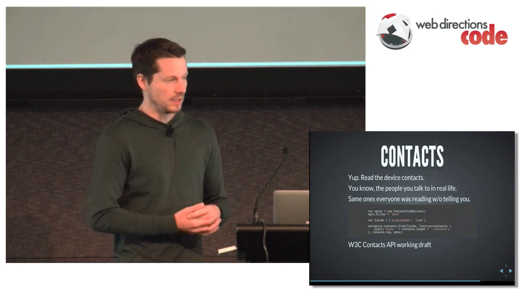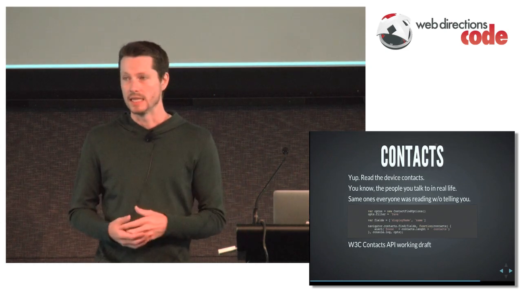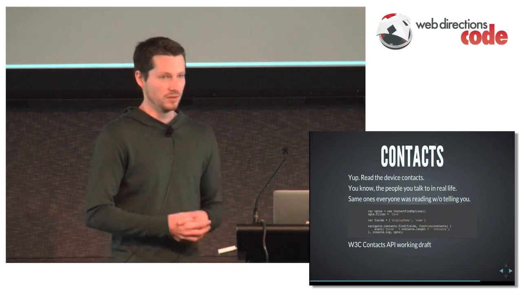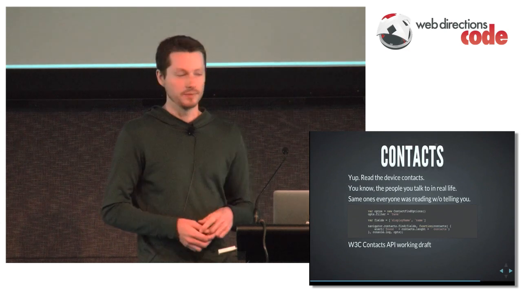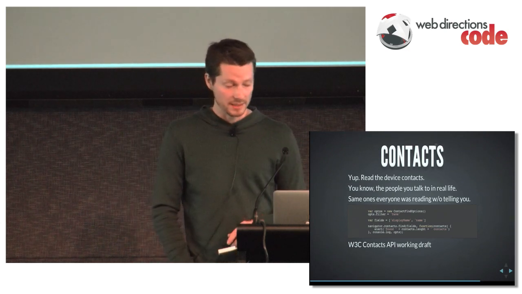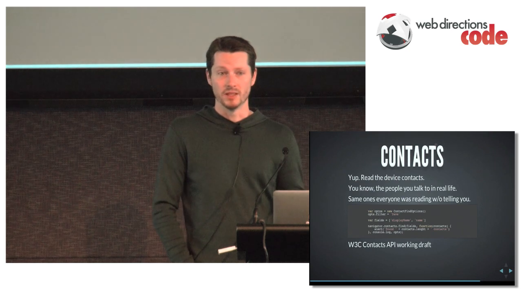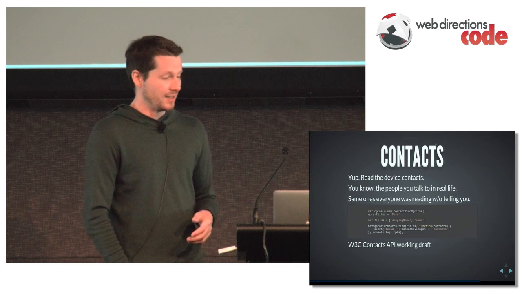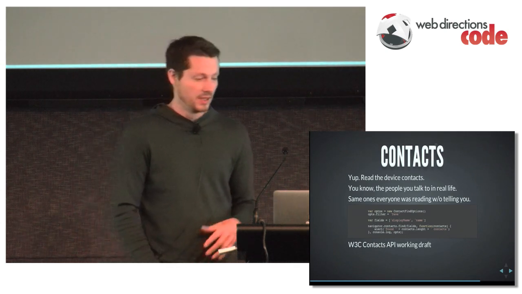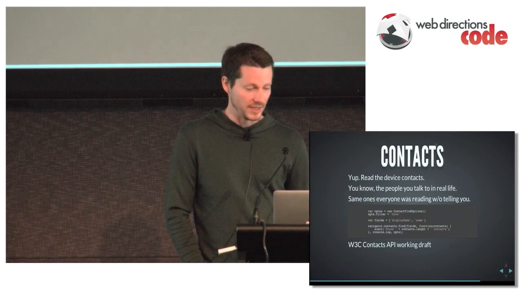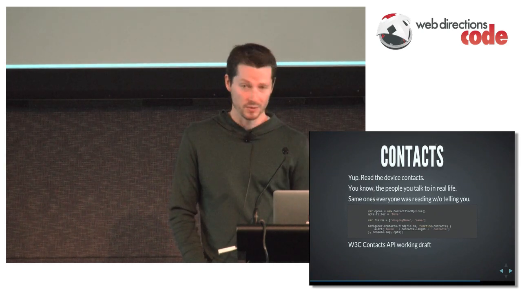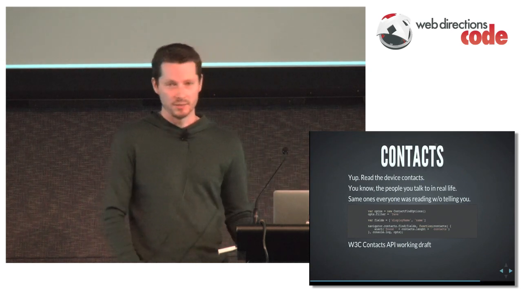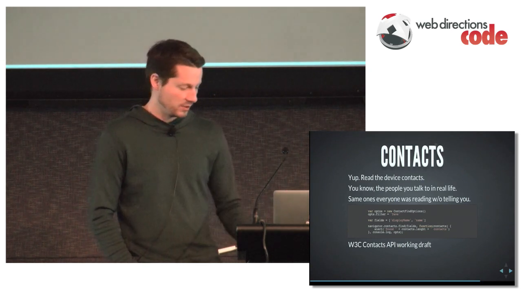In reality, of course, this works out to be a little bit more difficult on things like Android devices where you have multiple Google accounts connected, or you're even connected with your LinkedIn account or what have you. So this stuff can get pretty messy. Or on things like WebOS, where we're writing HTML, JavaScript, CSS on the WebOS platform, and there's actually no way to write contacts, for example. So this all can't be implemented everywhere anyhow, but it is defined by the W3C in the Contacts API working draft. And all this stuff is working today in PhoneGap, so you can build apps that steal people's contact information without them knowing. Fantastic.